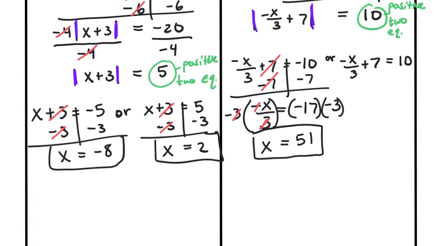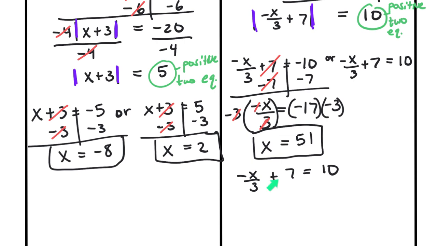And for the sake of space, I'm going to copy this equation on the right. I'm going to copy it on the bottom over here. So I'm going to do negative x over 3 plus 7 equals 10. Okay, so again, I'm copying the equation that I wrote on the right because I don't think it's going to fit in this space.